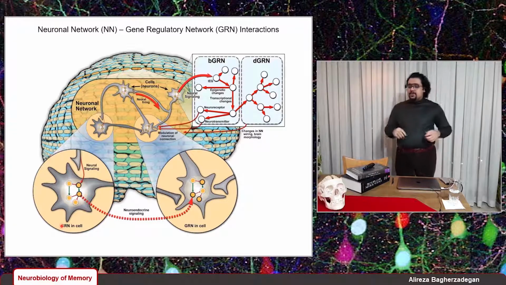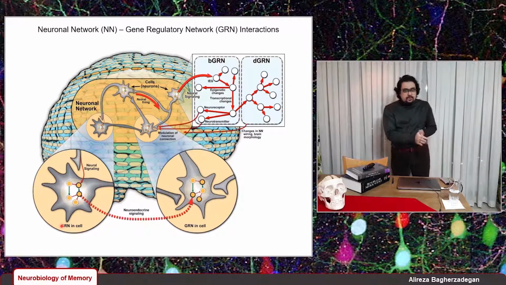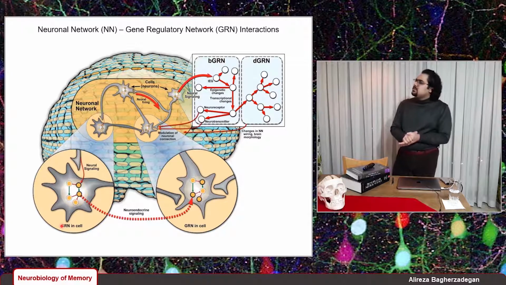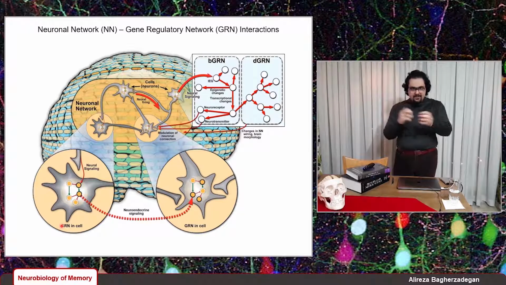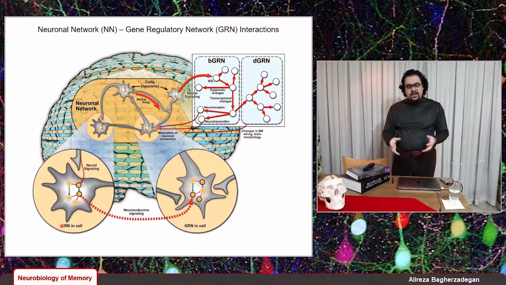I want to talk about neural networks and their interaction with gene regulatory networks. The dynamic aspects of microcircuits are not just limited to the dynamics of synaptic contacts between neurons that comprise a single microcircuit.